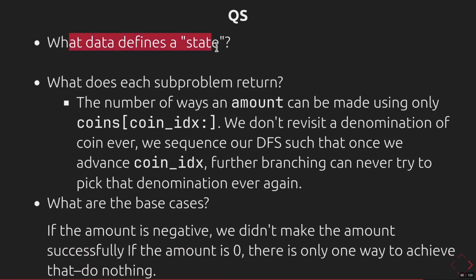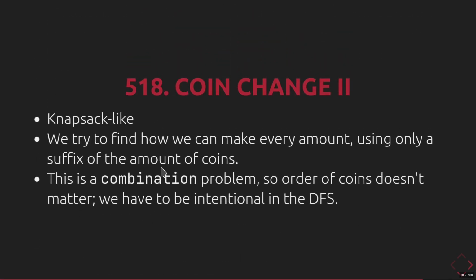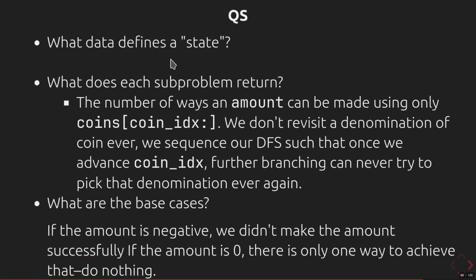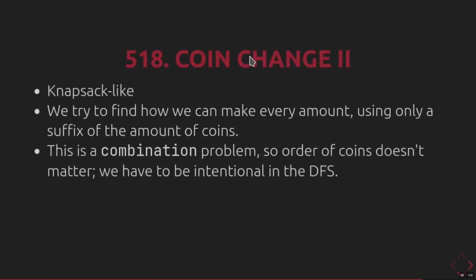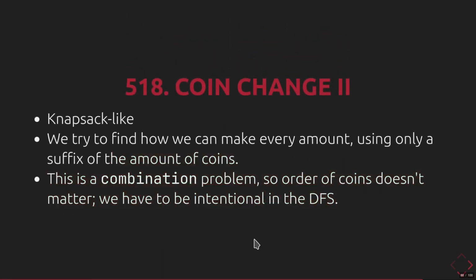Anyway, it looks like a wall of text, so what data defines a state? This might be a little bit more complicated than the other examples, because I apparently did not write it out.